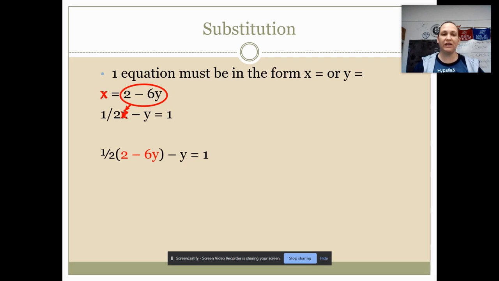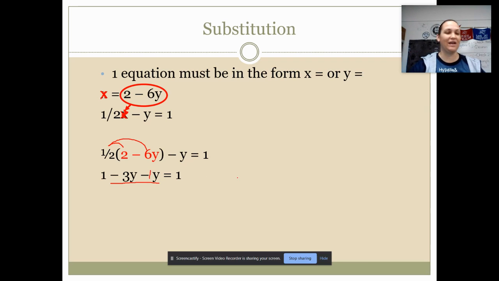When you're substituting it in, make sure to surround it with parentheses. That will help you remember that your next step is to distribute. So now I'm going to distribute my 1/2. When you're multiplying something by 1/2, it's the same as dividing by 2. So in reality, I'm doing 2 divided by 2 and 6 divided by 2. My personal preference is to next combine like terms.